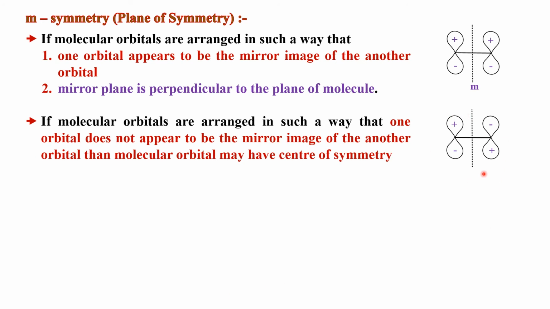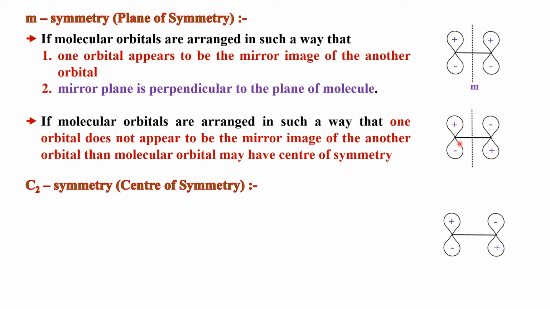These orbitals will show center of symmetry. What is center of symmetry? In center of symmetry, we see this type of arrangement. If we draw a line from this point and reach the center line, and then the same line is extended on the other side of the plane and reaches this point, then two things are to be noticed.